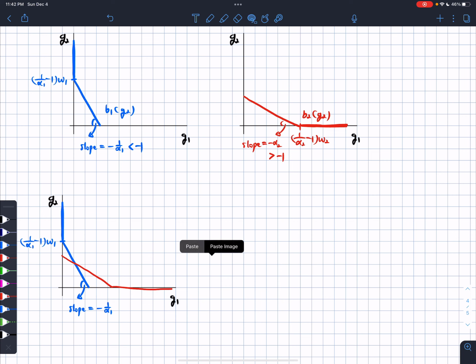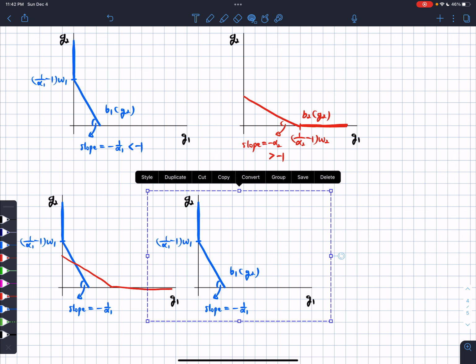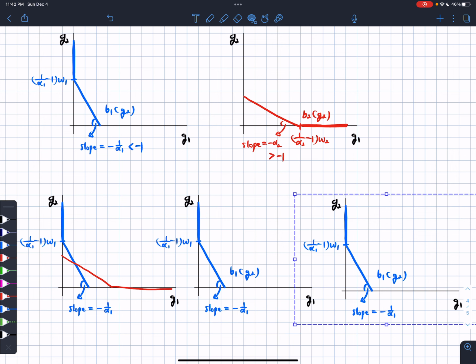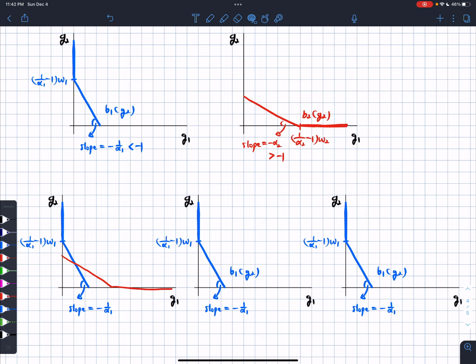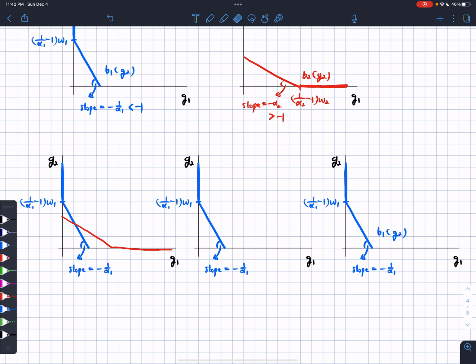Another case is, so there are actually 3 cases. So let me put them all first of all. So here I have case 1, case 2, and case 3. And case 2 would be when this vertical intercept is larger than this guy.